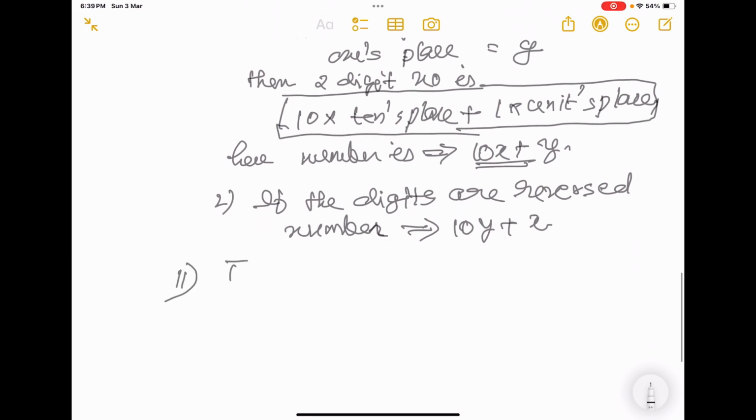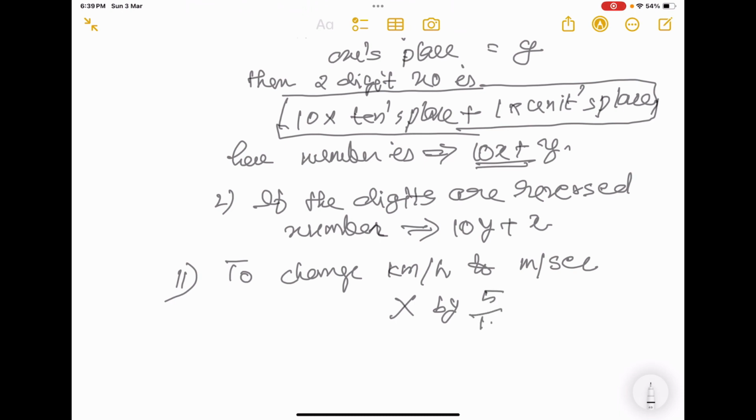Next one, to change kilometer per hour to meter per second, multiply by 5 by 18.